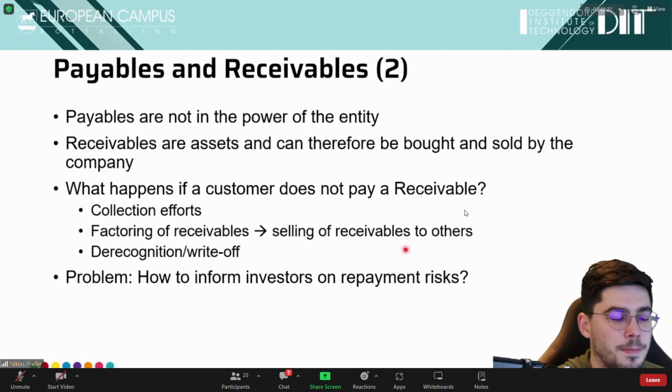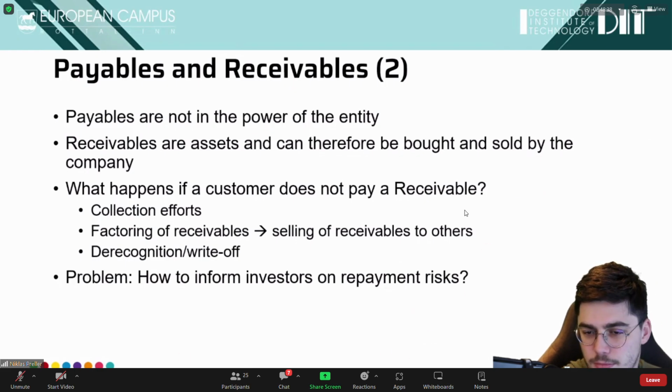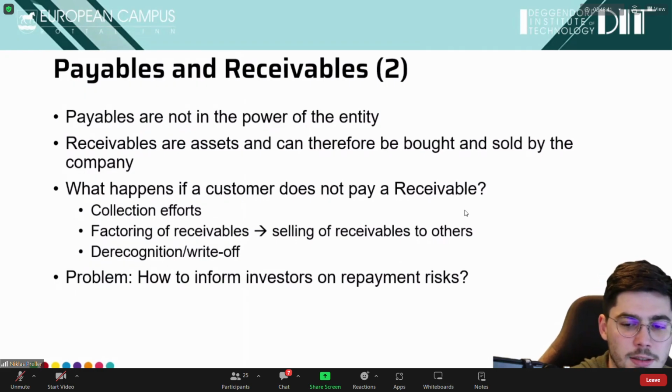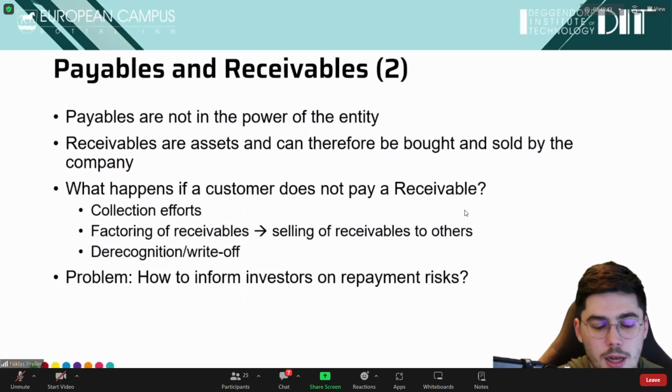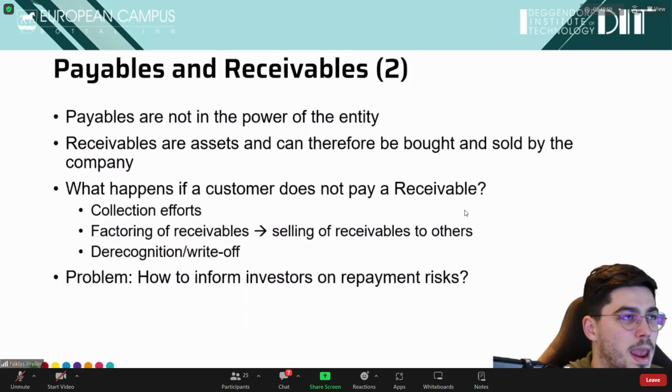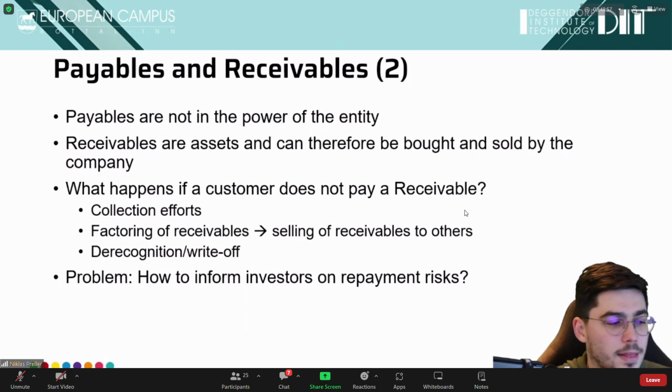Like the table you just saw for Klarna, we have that amount of receivables, and typically our customers pay 99.5% of those receivables, and those 0.5% may never pay our receivables. So that would be informing them, and that would be in most cases sufficient.